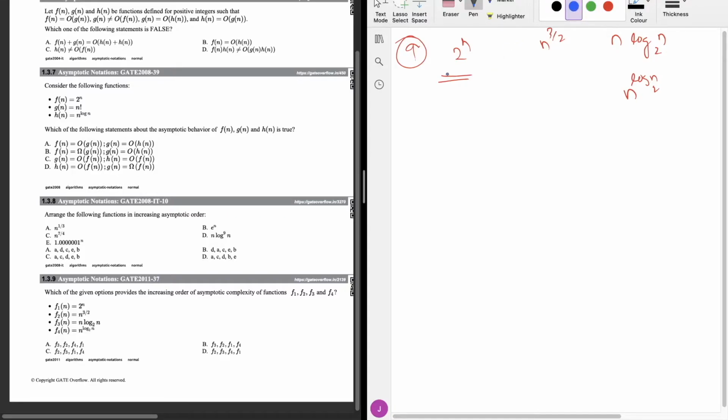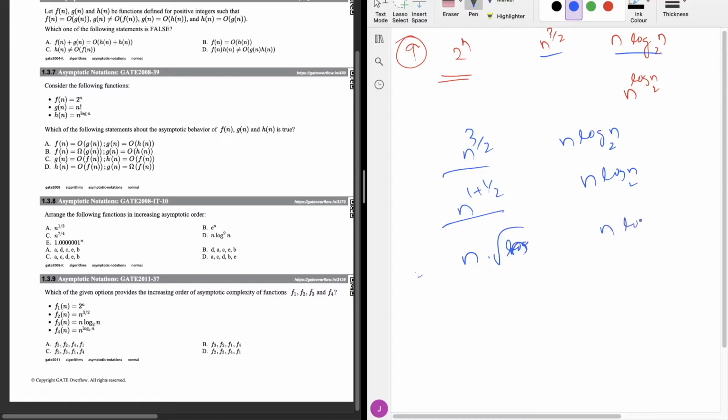First, I can compare these two: n power 3 by 2 and n log n base 2. n power 3 by 2 can be written as n power 1 plus 1 by 2, which is n into root n, because n power half is root n. Here n is common, so it can get cancelled out. I will be left with root n and log n. Now I can apply logarithm on both sides.